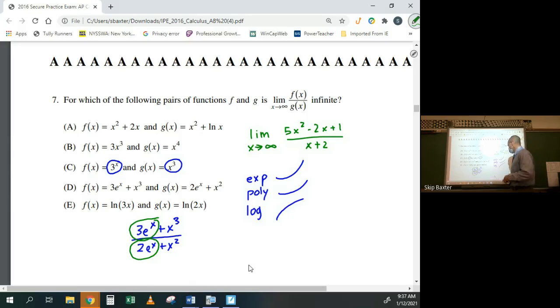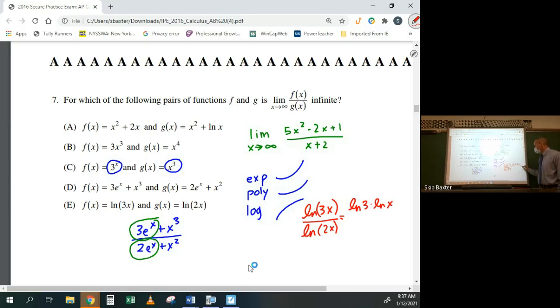You can think of this part E as being, if I take ln 3x or ln 2x, I could rewrite the top as ln 3 plus ln x, and I could rewrite the bottom as ln 2 plus ln x.